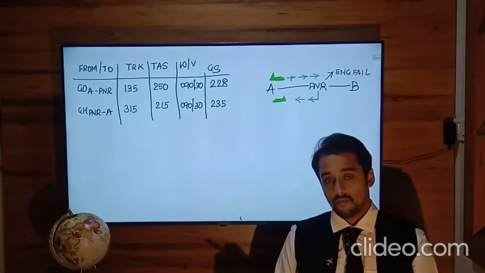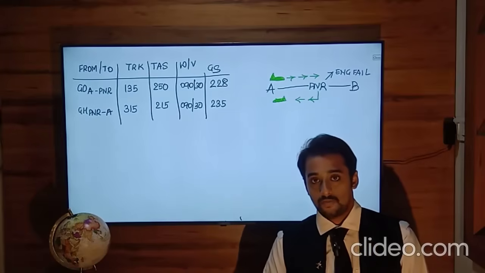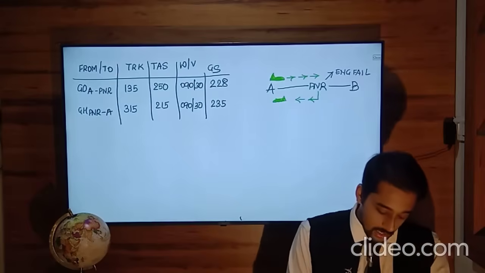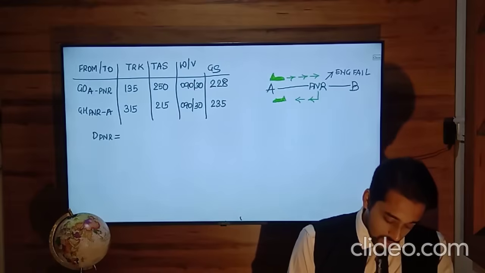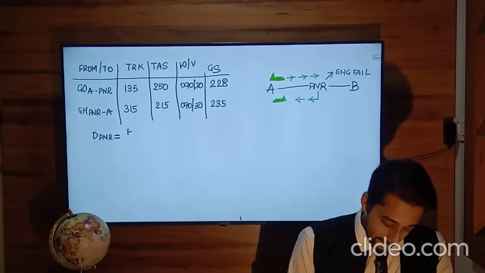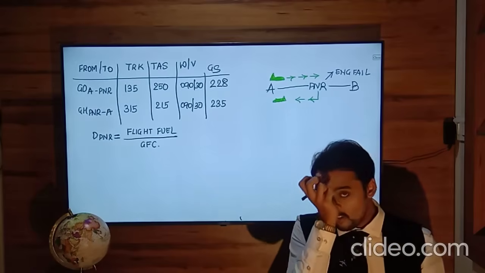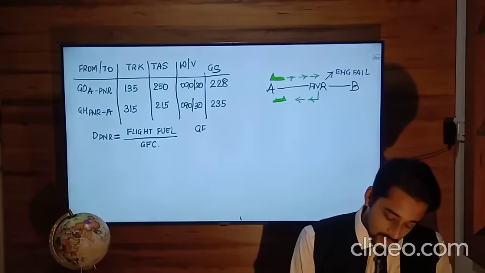Now remember this: whenever you have to solve a PNR sum with an engine failure involved, you will use the formula distance to PNR equals flight fuel upon gross fuel consumption. Now what is gross fuel consumption?